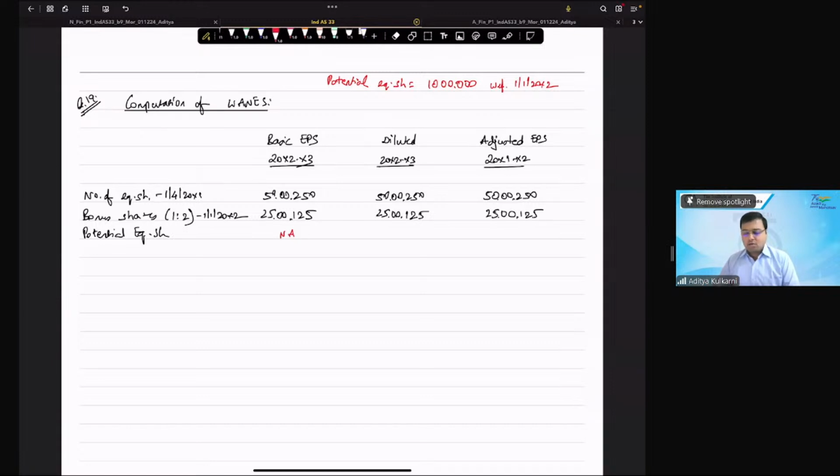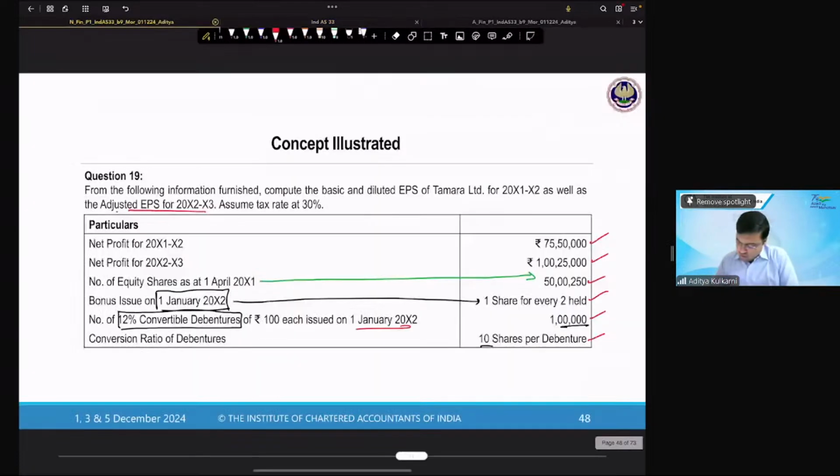That means for 20x2 x3, that too for 3 months. It will be there for how many months? 3 months. 3 months होगा या पूरे साल के लिए होगा? So dilution तो for 9 months and basic EPS for 3 months, right?